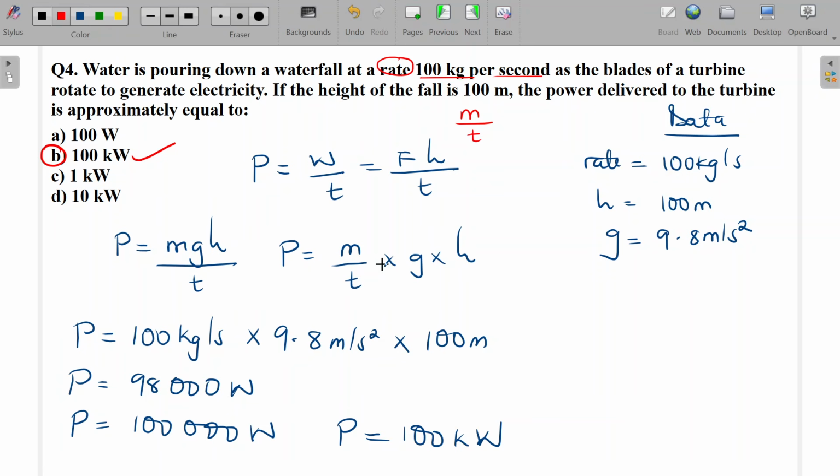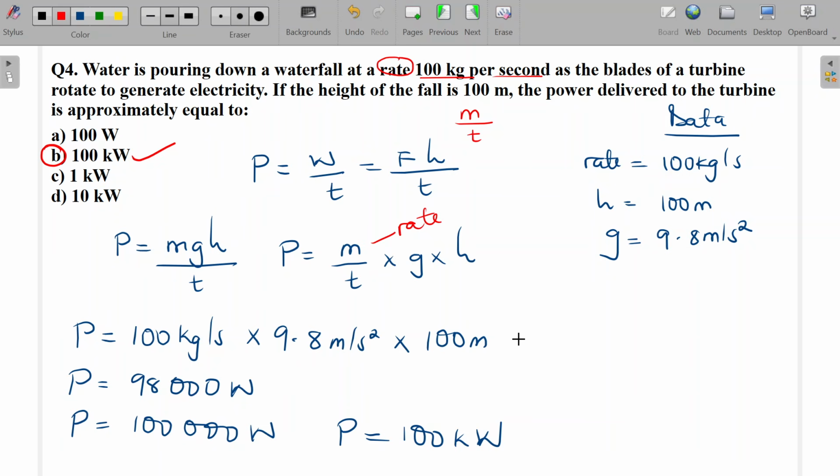M over t times g times the height. Okay, that's what I did. Because m over t represents the rate, I took the rate, which was 100 kg per second, and placed it here. Then I multiplied by the gravitational acceleration, which is 9.8, and by the 100 meters.